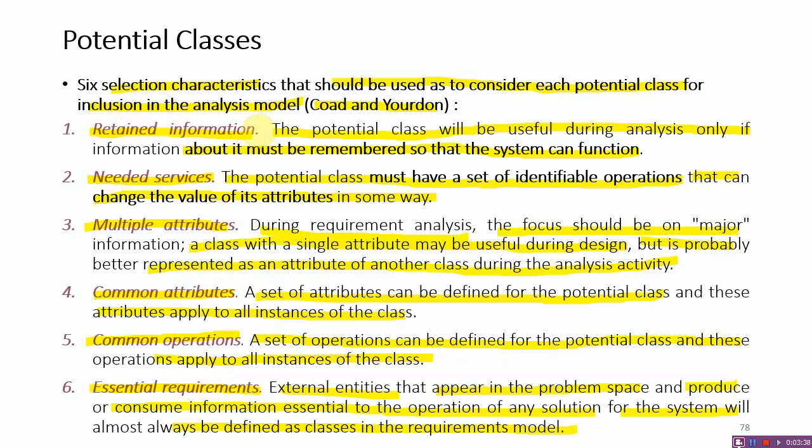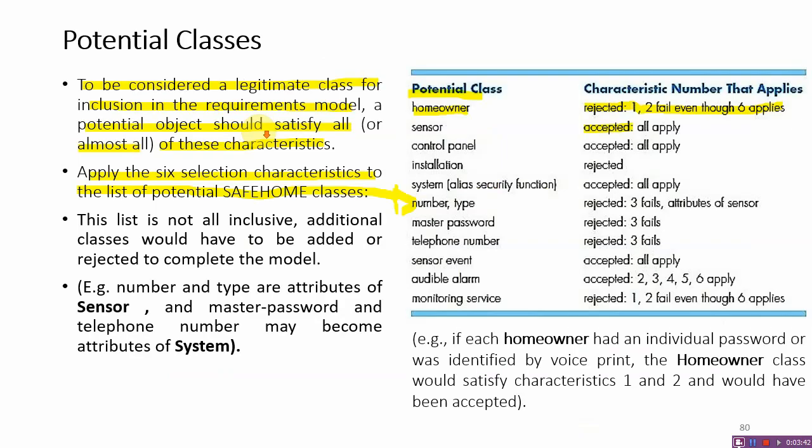The homeowner doesn't currently retain any information and doesn't have any needed service. If each homeowner had an individual password or was identified by a voice print, the homeowner class would satisfy characteristics 1 and 2 and would be accepted. So this rejection can be converted into an acceptance by making this information available.